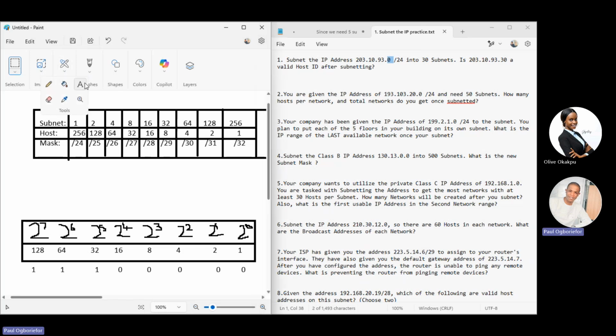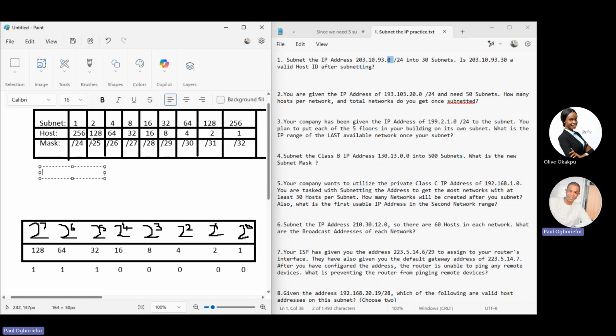let me quickly pick up my stuff. If you want to do 8 networks, the first network will be what? I mean the first range, the range of the hosts.